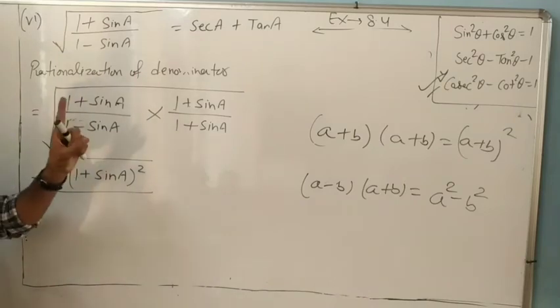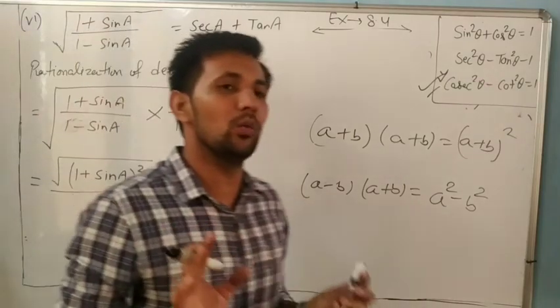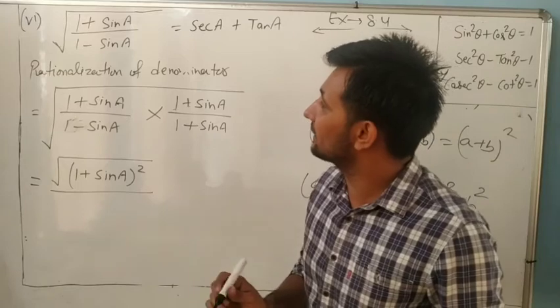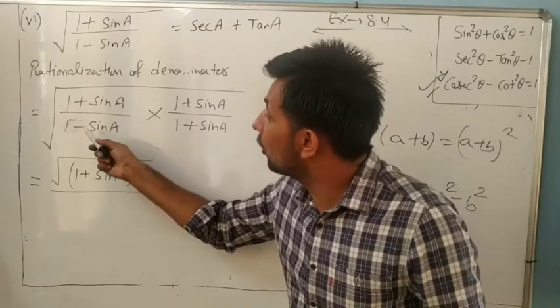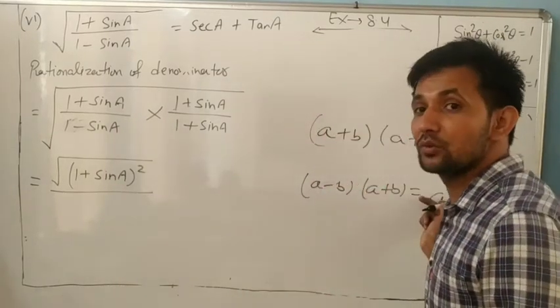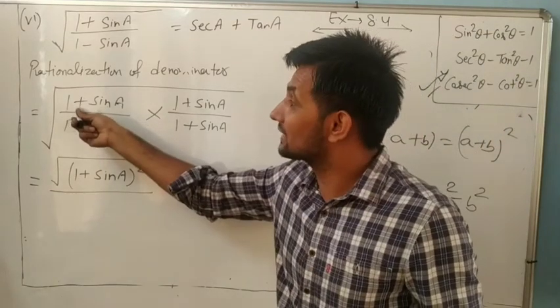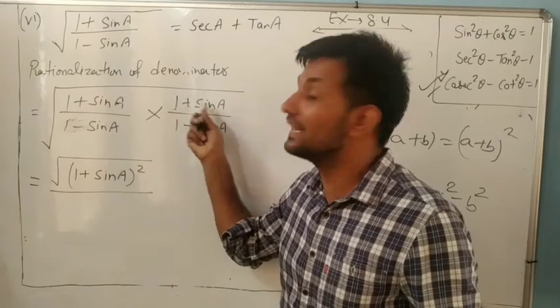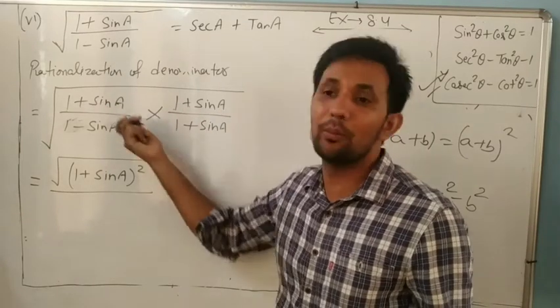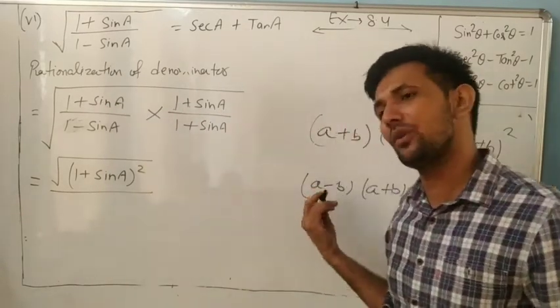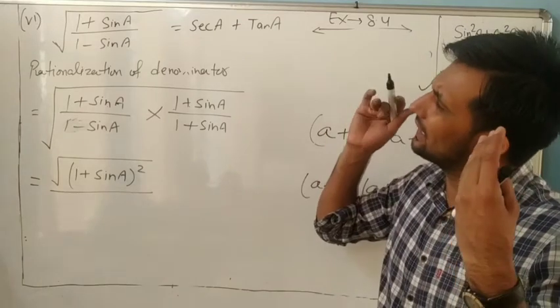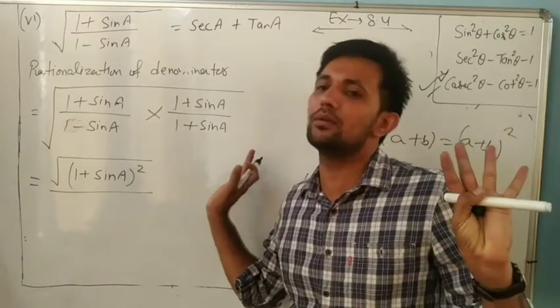Because every time, if we take the rationalization of the denominator, then the denominator becomes a square minus b square. If we take the rationalization of the numerator, then change the sign, 1 plus to 1 minus sign, okay dear? Then the numerator becomes a square minus b square. You can take the rationalization of the numerator also. The answer will come the same. Okay, dear.